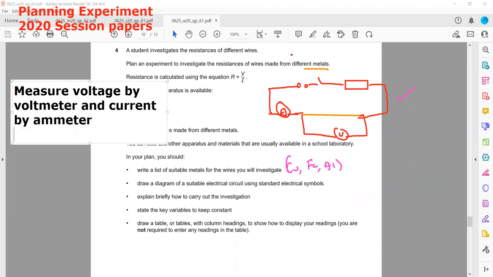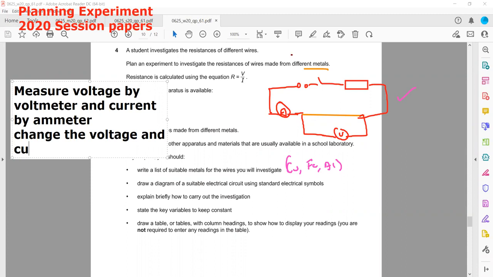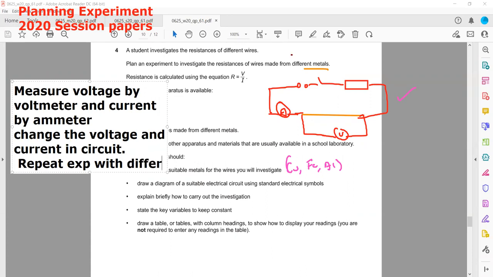And then we will change the voltage and current in the circuit. Then at the last, we will repeat the experiment because we want to find how different metals have different resistance. So we'll repeat the experiment with different metals.